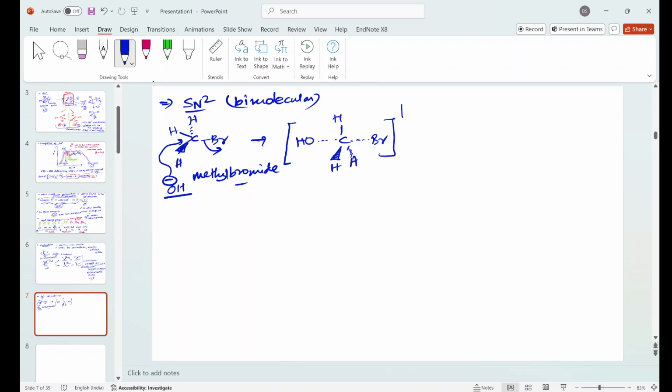In this transition state, bromine is delta negative, OH is also delta negative, and this carbon is delta positive.